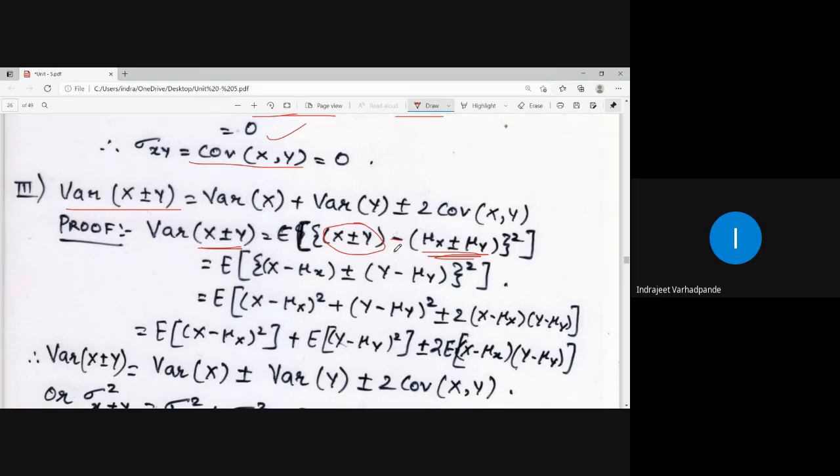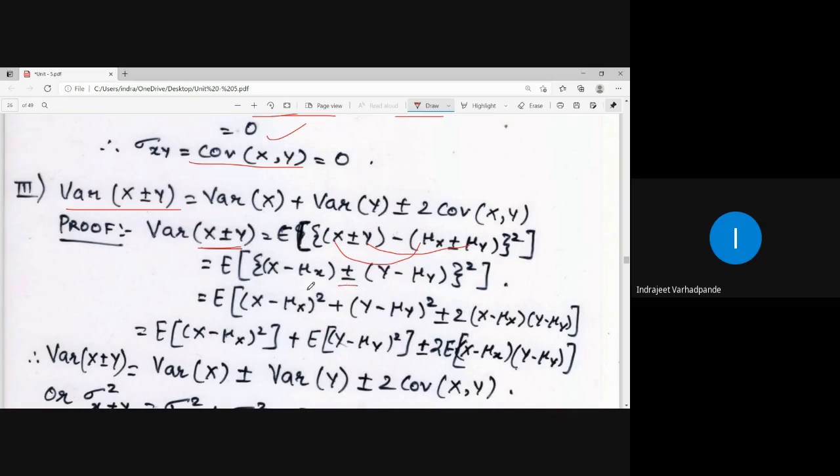Now apply the formula. Collect them together: x minus mu x put together, plus minus y minus mu y together, and then you are taking square of both the sides. So here, if you see what I have done, in x plus minus y minus mu x plus minus mu y, x is connected with mu x, y is connected with mu y, and in between there is plus minus.